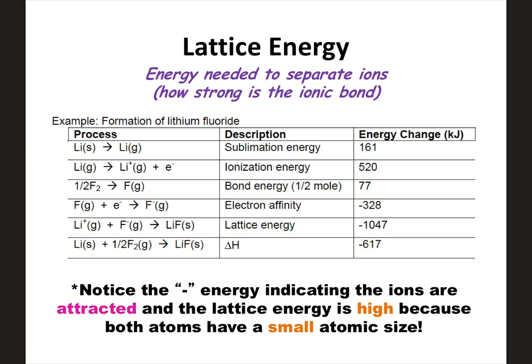They could do this a little differently. You could be given the delta H and be given the other values and asked to solve for the lattice energy. That would be just using an X here. You would add up all of these plus this X, and it would be equal to the negative 617, and you would just solve for X. So there's a lot of things they could do here, but again, this is not something that AP is going to do.